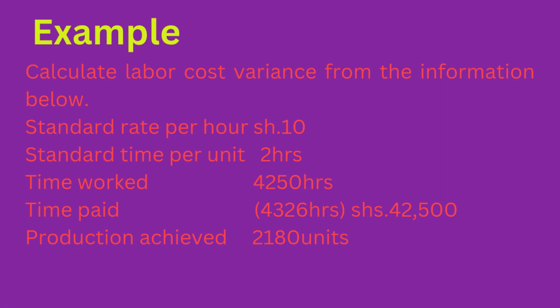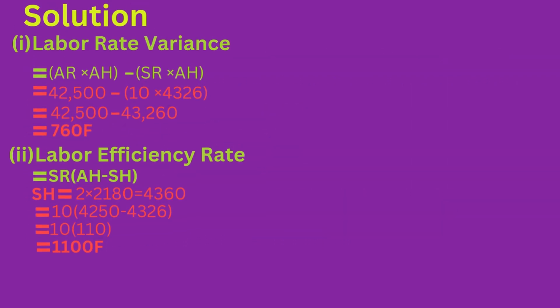Time paid, which is 4,326 hours, which has been paid a total of 42,500 shillings. And then there is production achieved, 2,180 units.